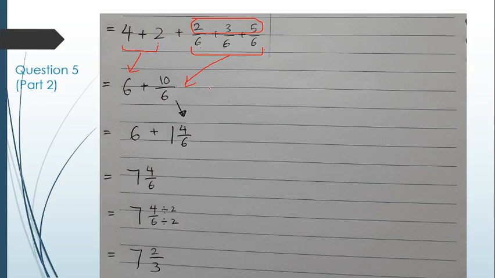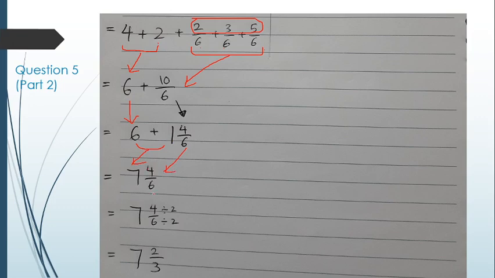10 over 6 here is improper fraction. Okay. Bila improper fraction, you have to change it into mixed number. Okay, so we'll have 6 plus 1 4 over 6. So whole number plus whole number, 6 plus 1 equal to 7. So 4 over 6 is here.